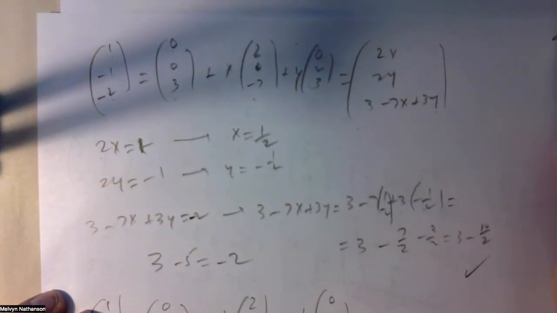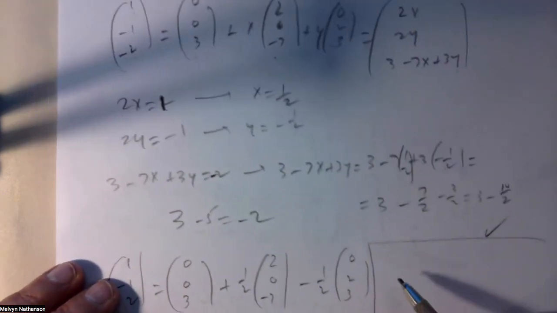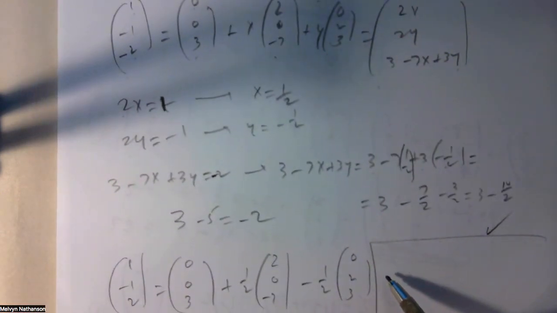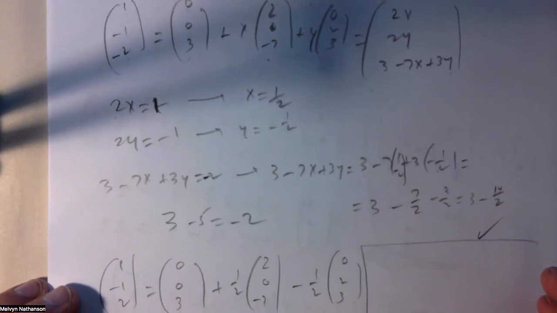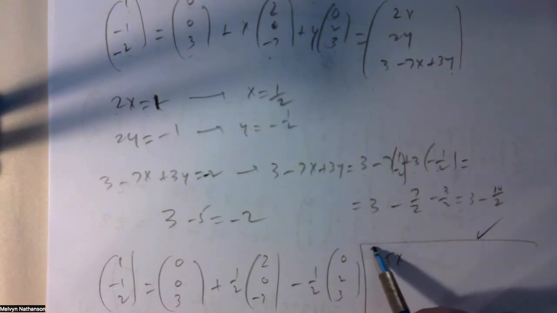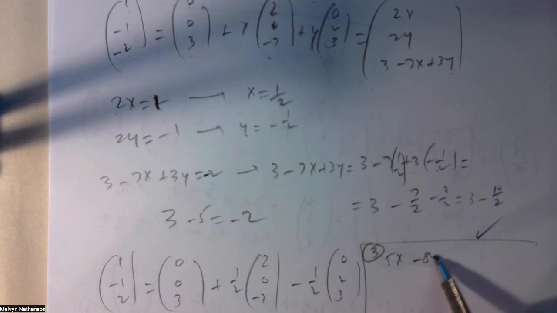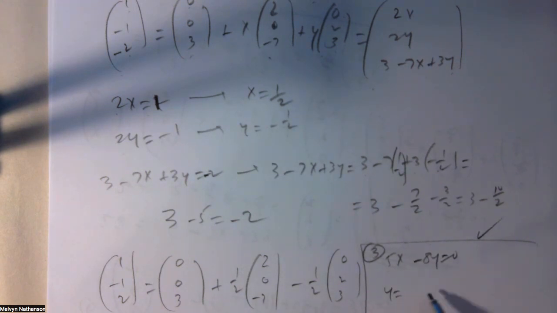I'm going to squeeze problem 3 in over here. Problem 3 is just to find the solution space of 5x minus 8y equals 0. That just says if you solve it, y equals 5/8 x.